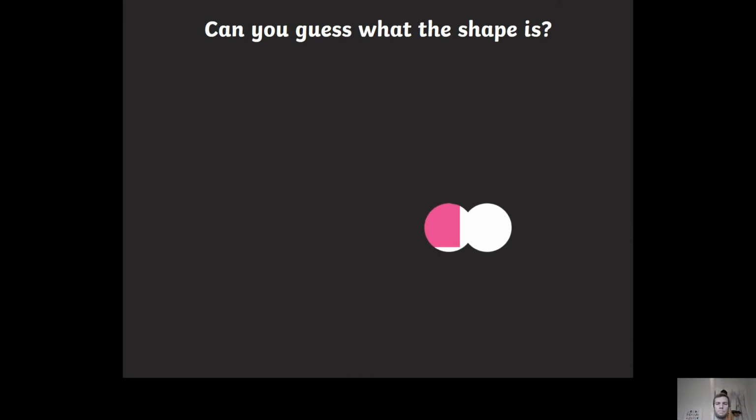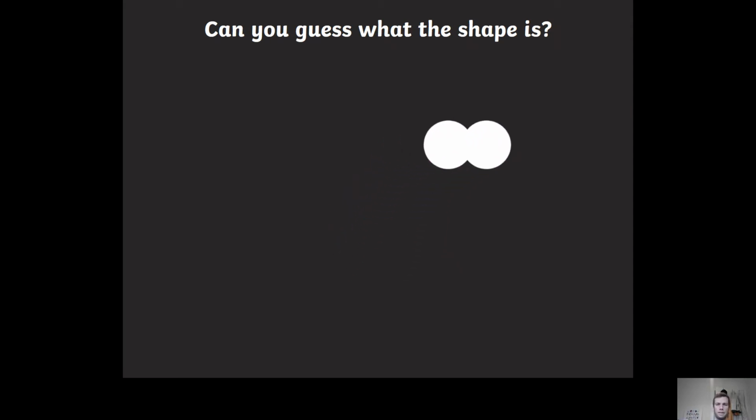Can you guess what this shape is? 1, 2, 3, 4, 5, 6, maybe? Bit tricky. I'll count again. 1, 2, 3, 4, 5, 6. Okay, there are definitely 6 sides.